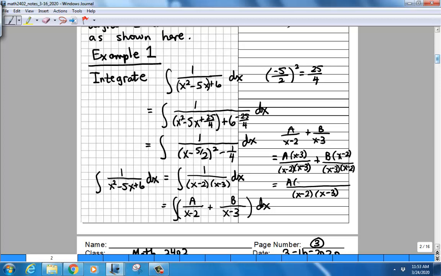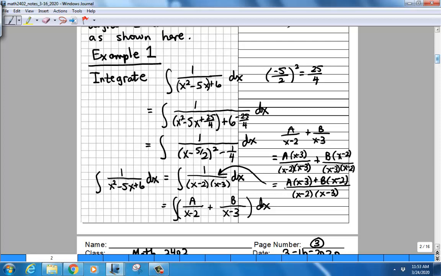And so we have a times x minus 3 plus b times x minus 2. But remember now, what do we want that to be equal to? We want that to be equal to this fraction. When we add these two things together, we want to get 1 over x minus 2 times x minus 3.